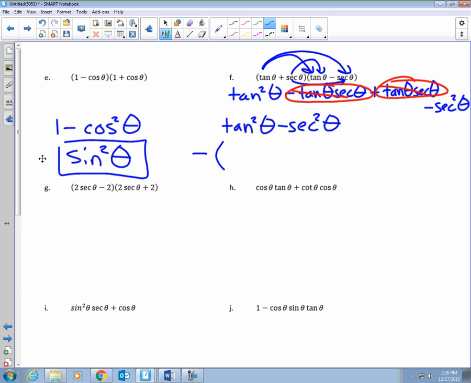If I were to factor a negative 1 out of this, this negative secant squared would turn to positive secant squared. And if I factored a negative 1 out of tangent squared, it would turn to negative tangent squared. Oh, now I see that on my sheet, right? What is that? 1. So the final answer will be negative 1.